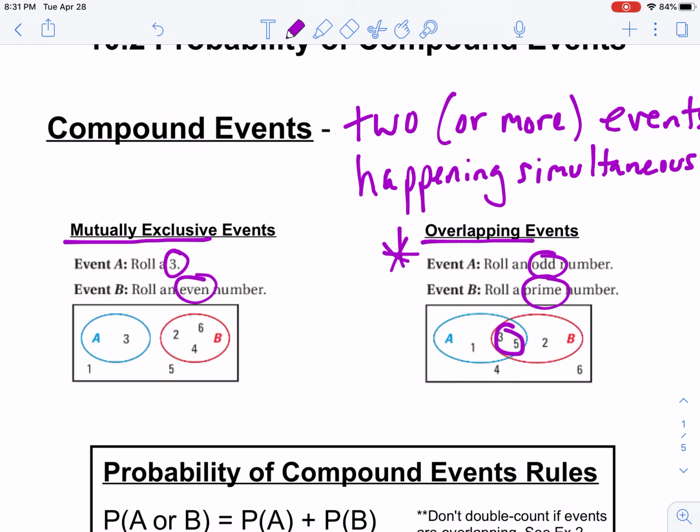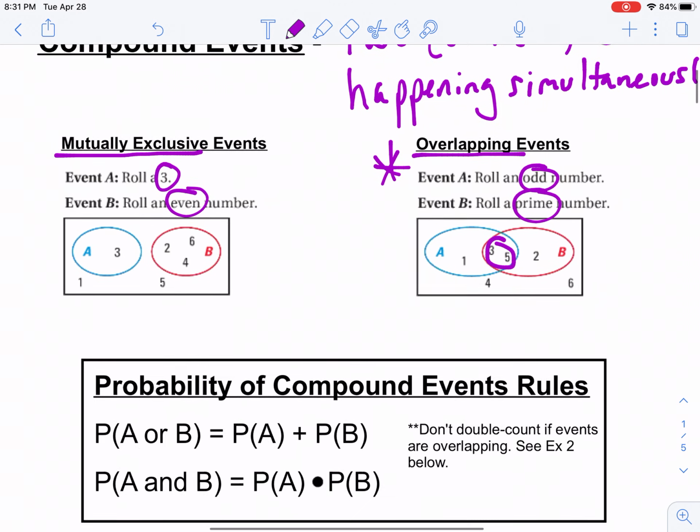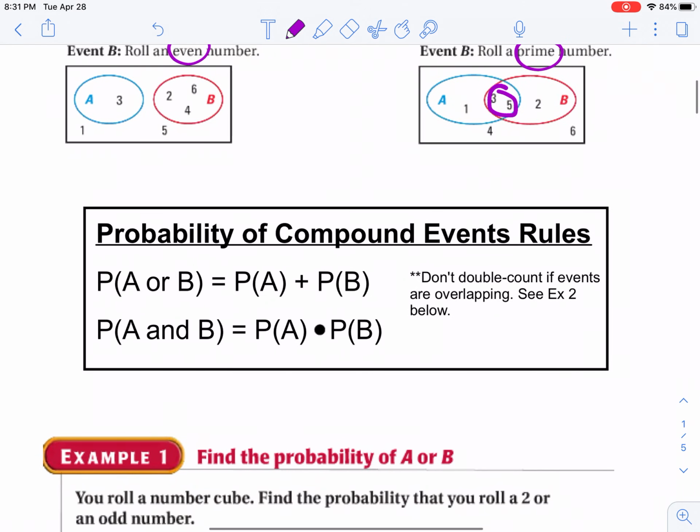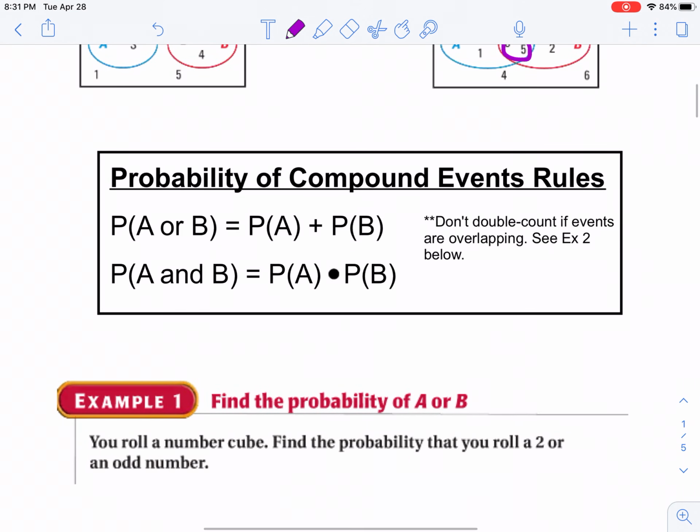So it's important that you don't double count. When you're adding up probabilities, you don't double count those events that fit into the odd and into the prime groupings, okay? We'll discuss that more in an example in a minute.